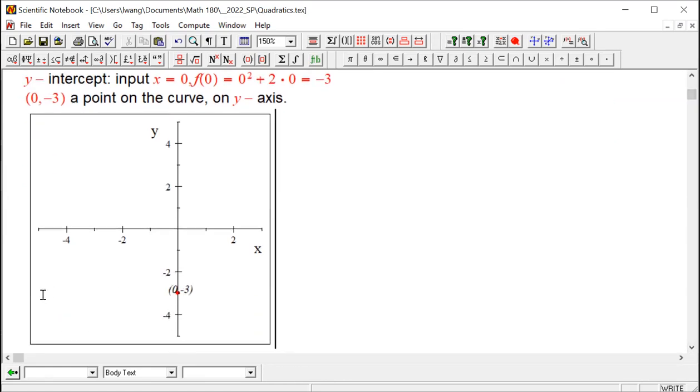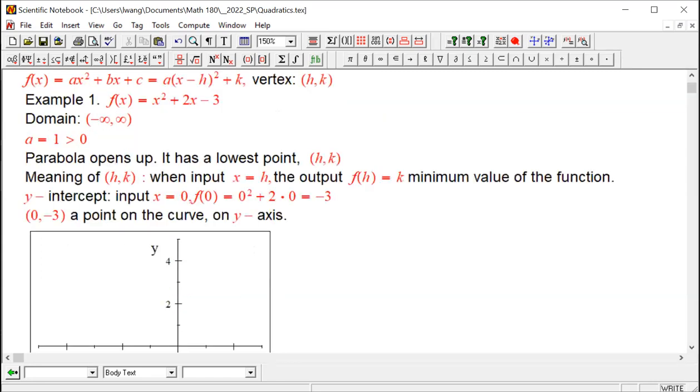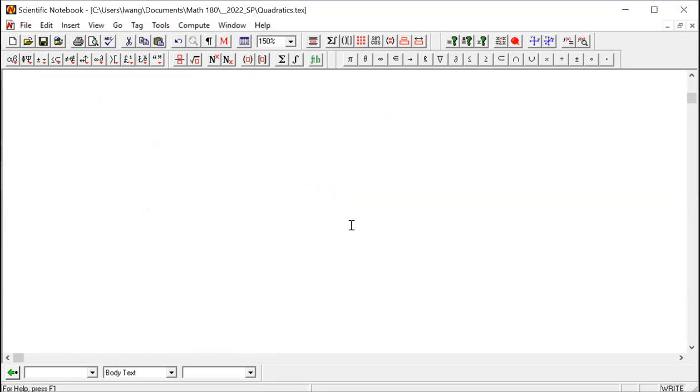We can find another point on this horizontal line, because most likely this may not be the vertex. We kind of guess it could be going this way or that way. But if we use our completing square technique, which is often used, we can identify the vertex much faster.